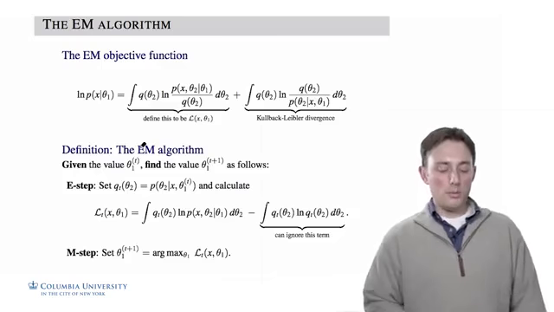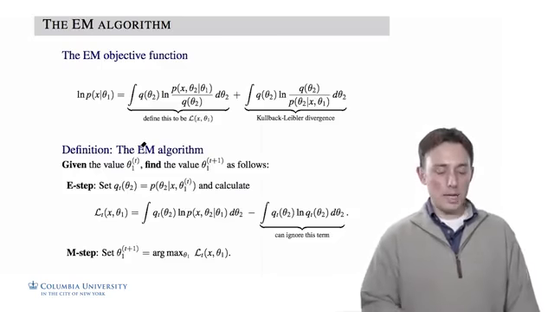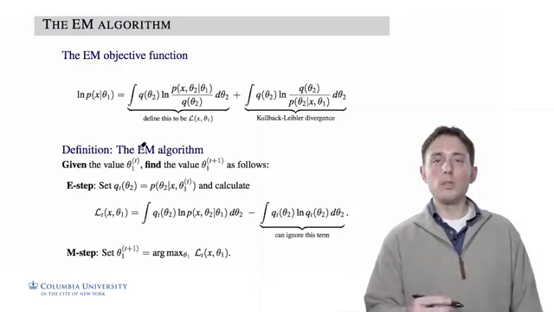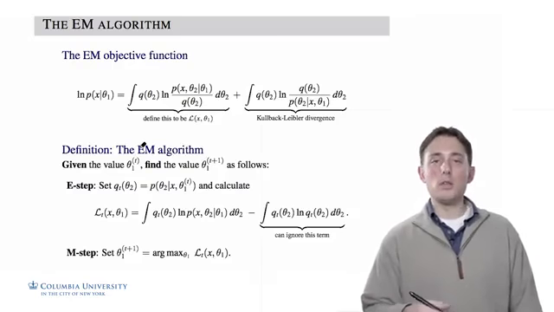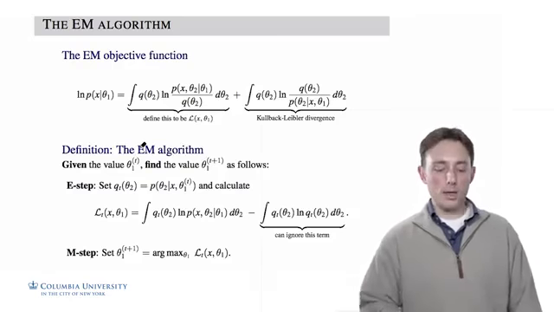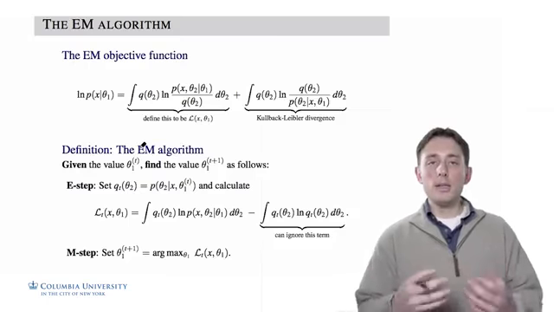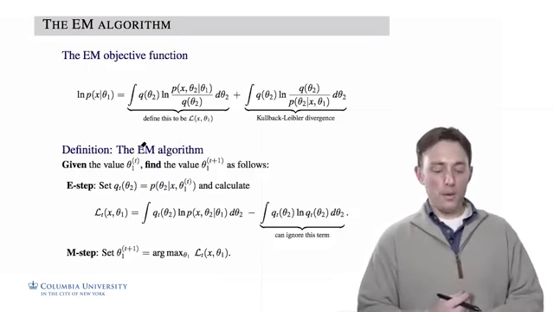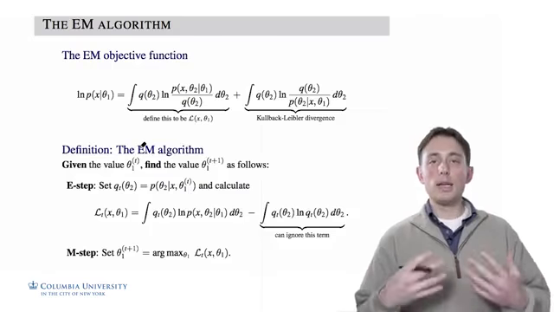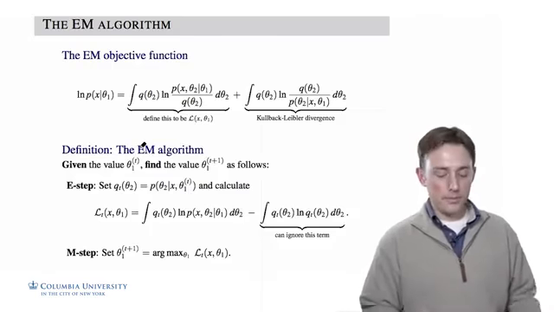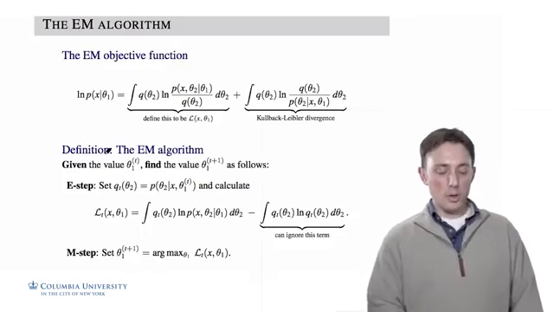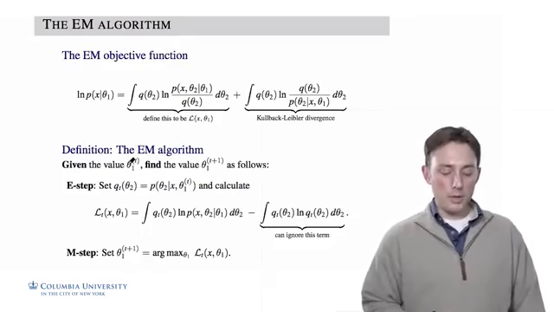Now the EM algorithm follows these two steps. Let's focus on one iteration t, and say that if we're in the tth iteration, what do we do to update theta 1 for the next iteration, t plus 1? So in that case, we're going to assume that we're given a value for theta 1 at iteration t.